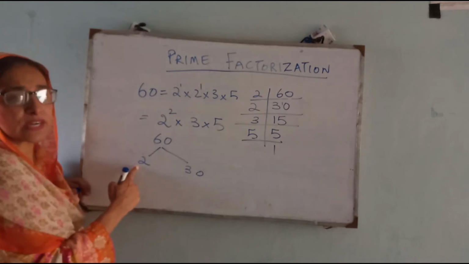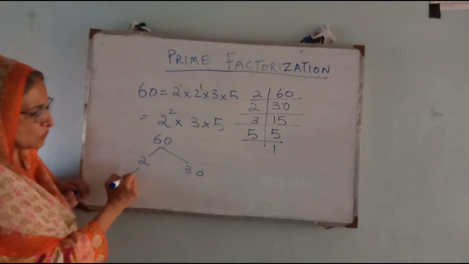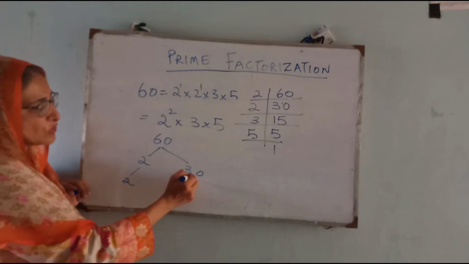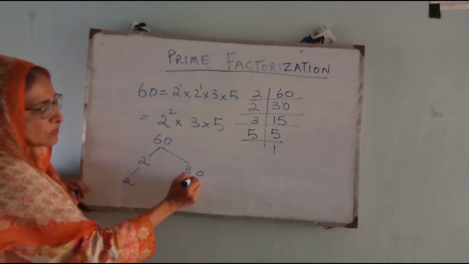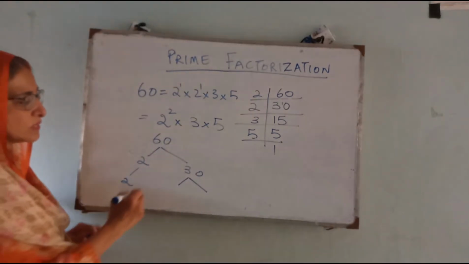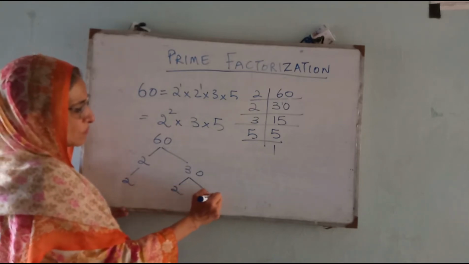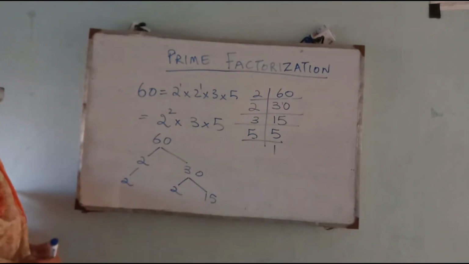Can I further divide this 2 with any number? No. So this is going to come as it is, and for this 30 we are going to have 2 branches once again, and what we are going to do is that 15 is going to come, 2 multiplied by 15, right?